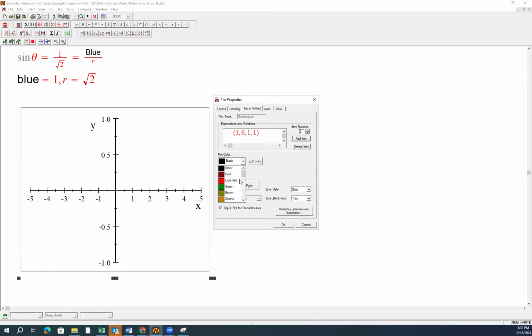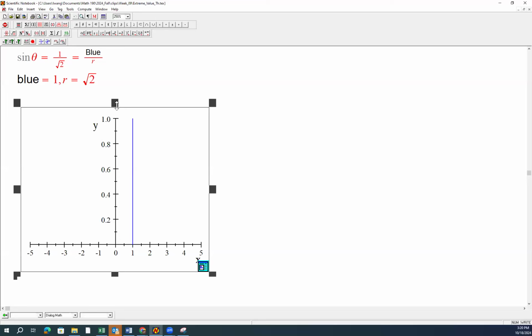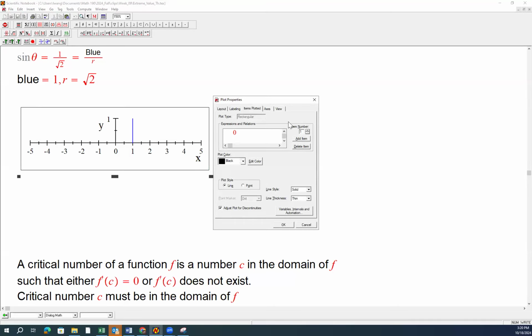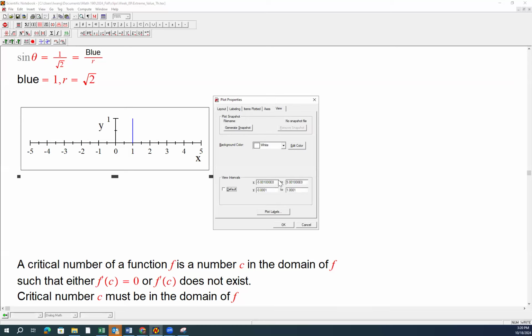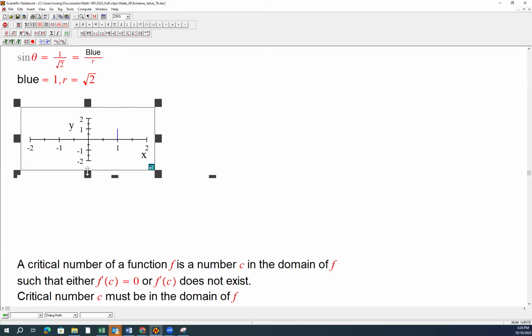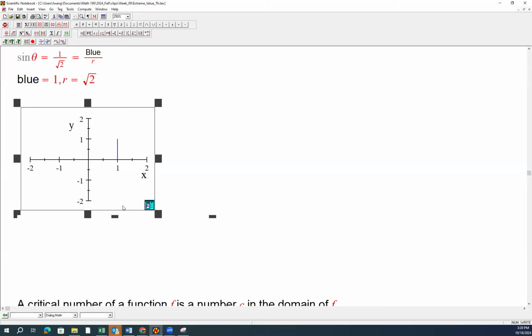So this will be our blue. It doesn't look very proportional because the scales are different. So I'm going to make them a comparable proportion, from -2 to +2. So this time it should be better. Let's make it a square shape. And this is the blue.